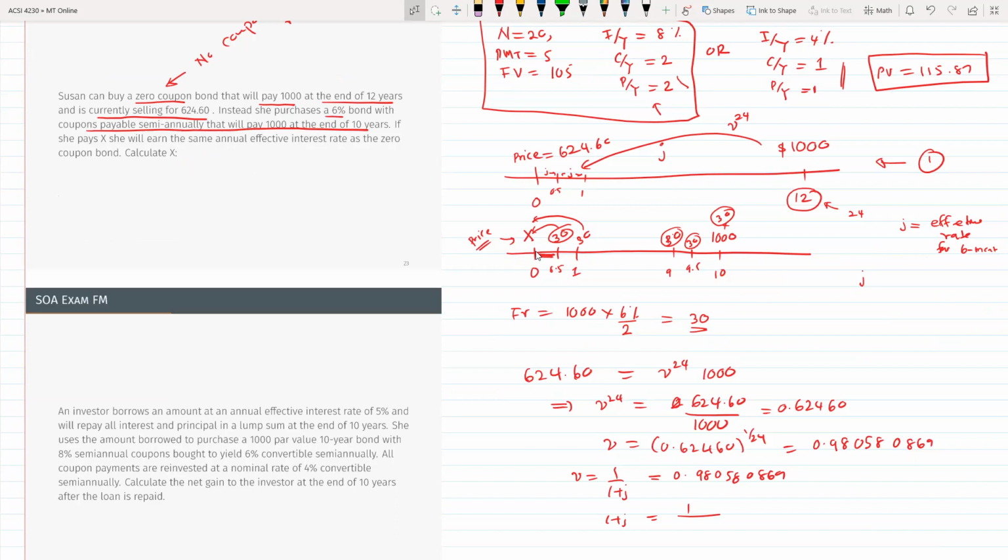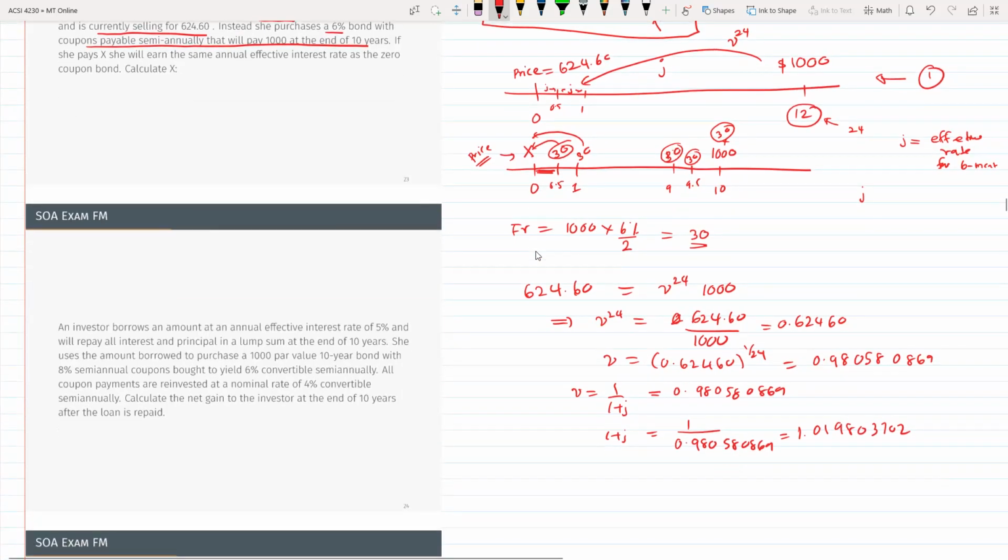If you take 1 over this, then you get 1 plus J. I can take the inverse function in the calculator, and I will get 1.019803702, and you subtract 1 from both sides and you get J. So J is going to be 0.019803702. Now don't forget that this is a 6-month effective rate, not 1 year.